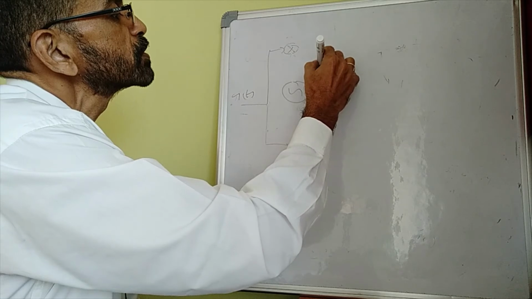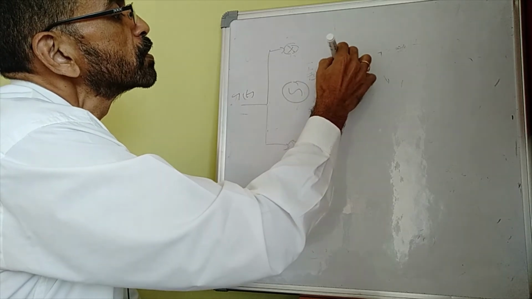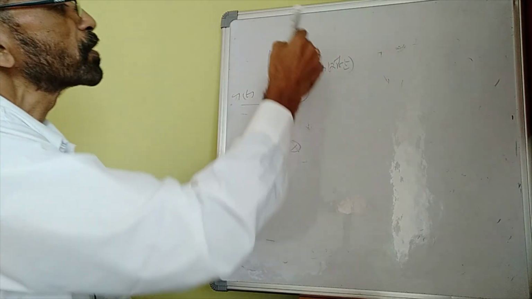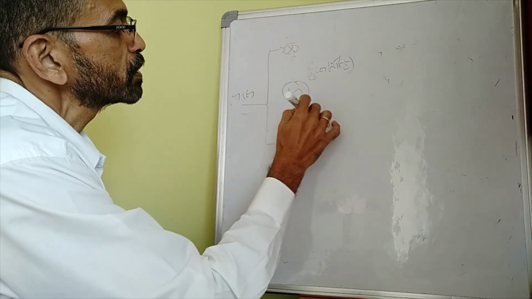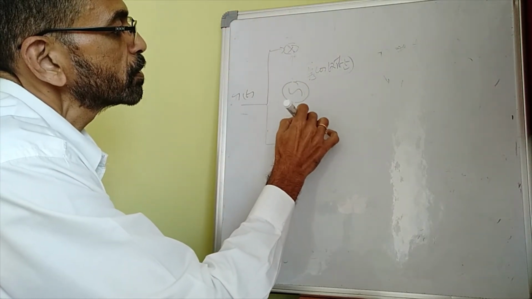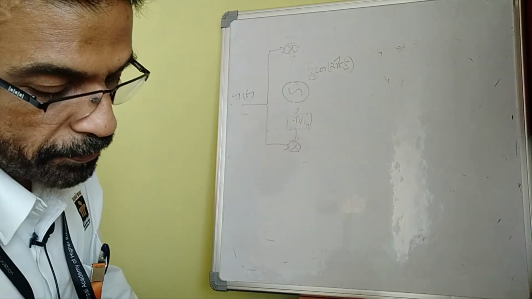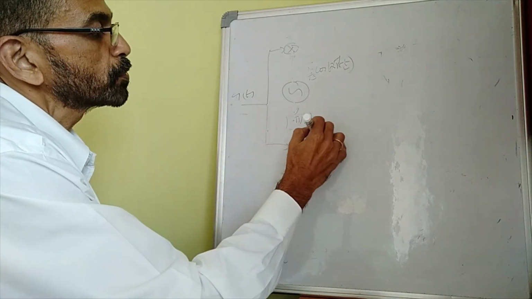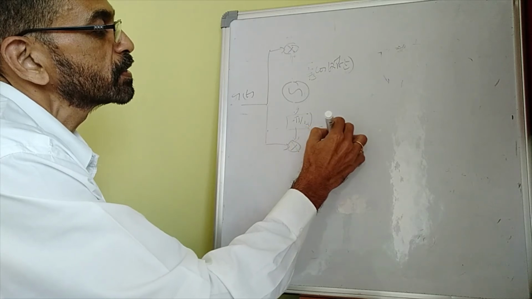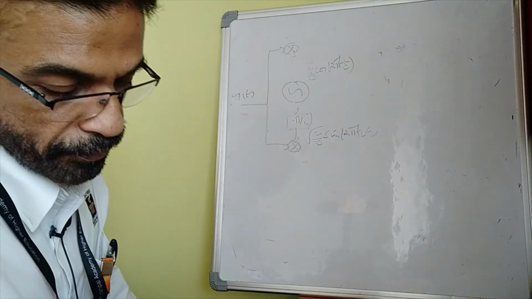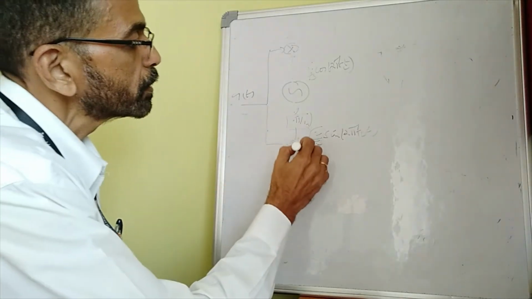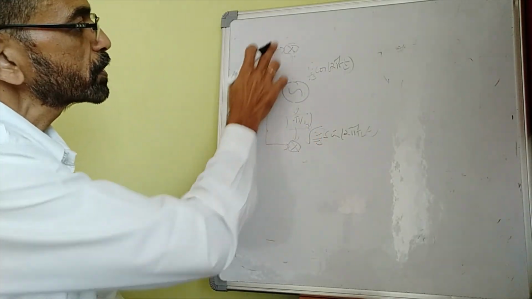So this will give root of 2 by Ts cos 2 pi fct. Again, with a minus pi by 2 phase shift, you will get root of 2 by Ts sine 2 pi fct, and they are multiplied here with the received signal, which is split into 2.